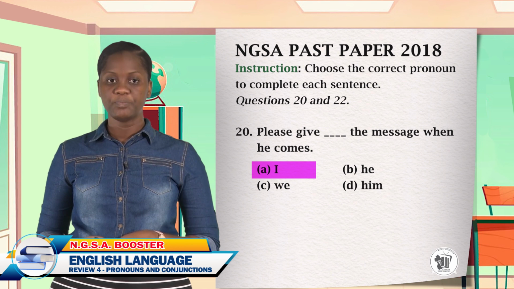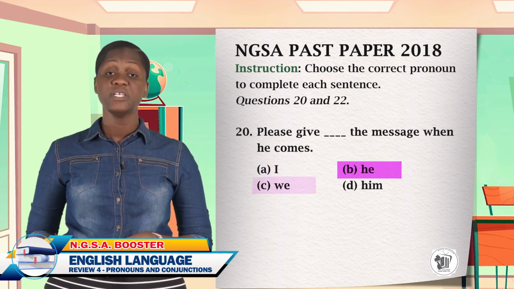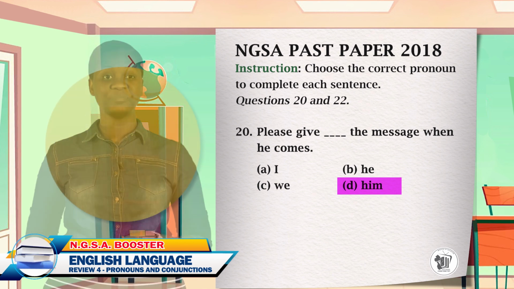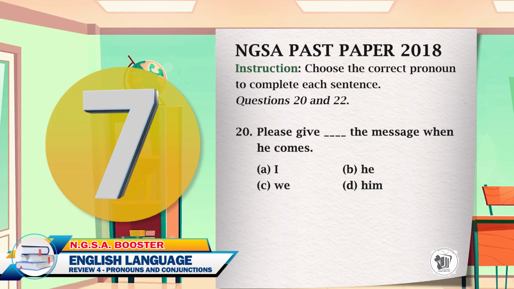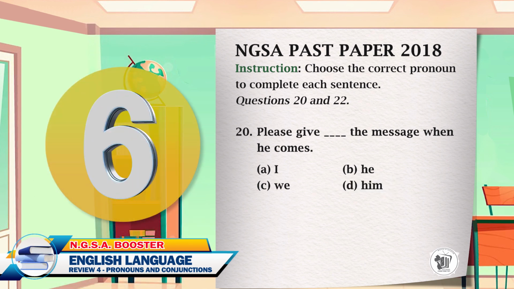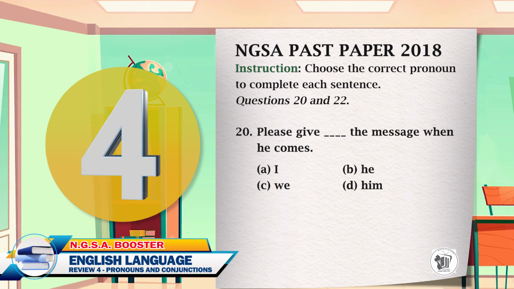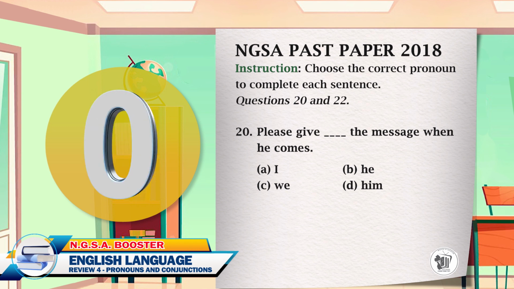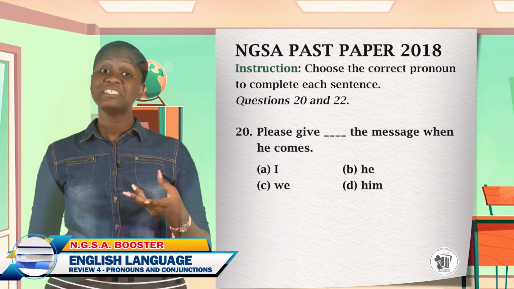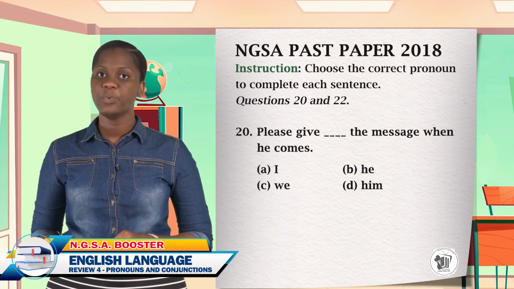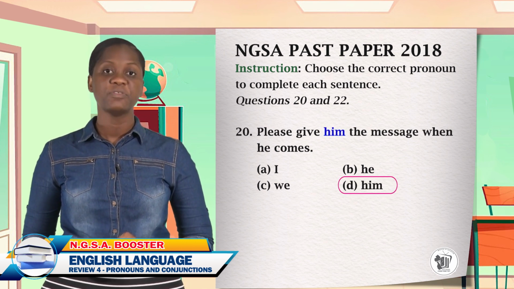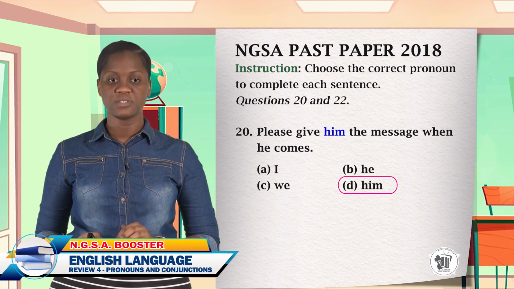A, I, B, he, C, we, or D, him. Definitely, our answer would be D, him. Please give him the message when he comes.